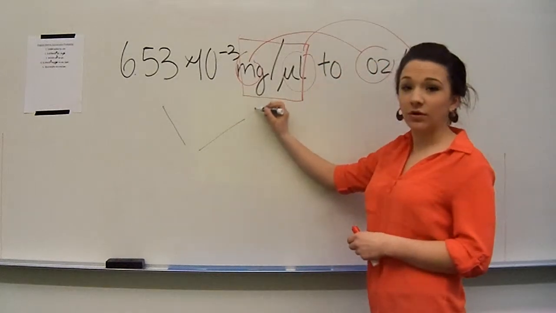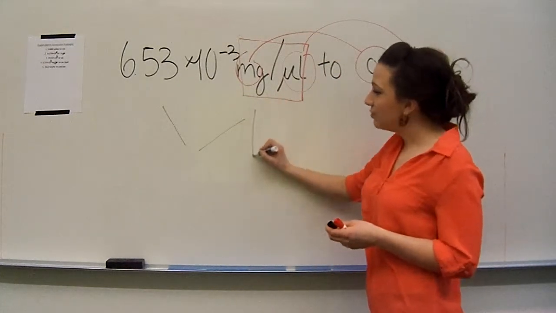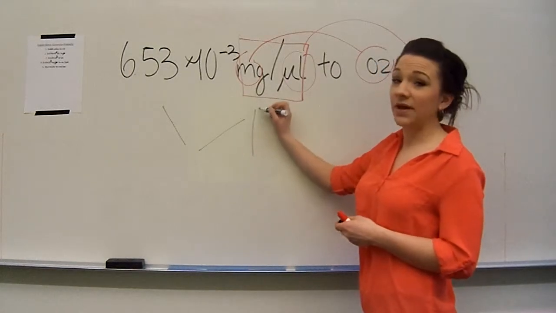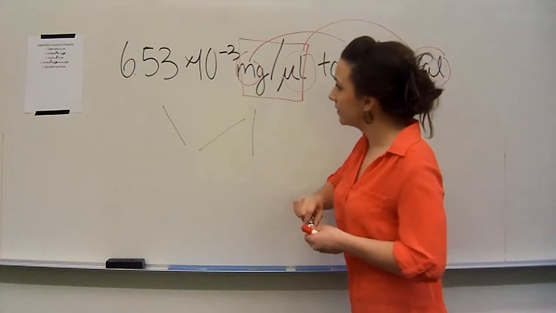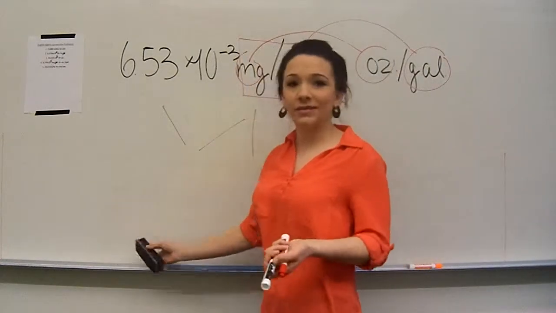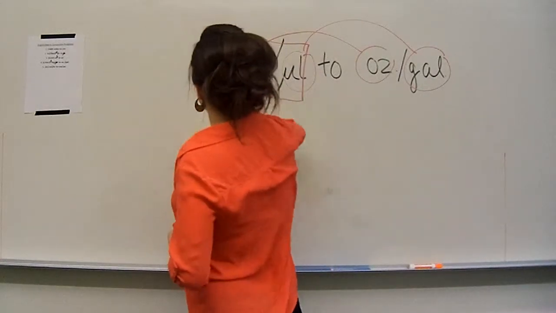You will also be matching the equivalents vertically, but this time you will be going from the top to the bottom rather than the bottom to the top. This will all make a lot more sense as I'm doing the problem, so I'm going to go ahead and rewrite this nicely for you.